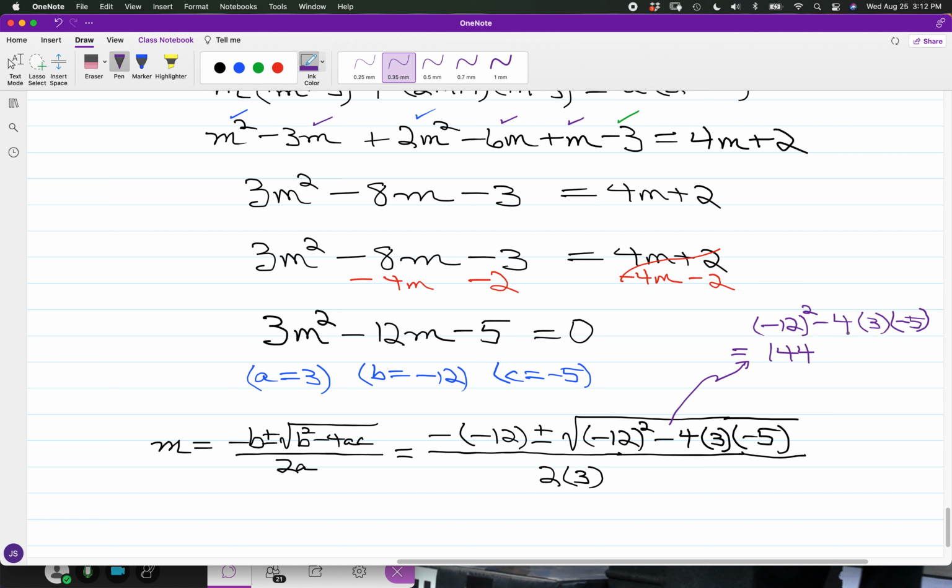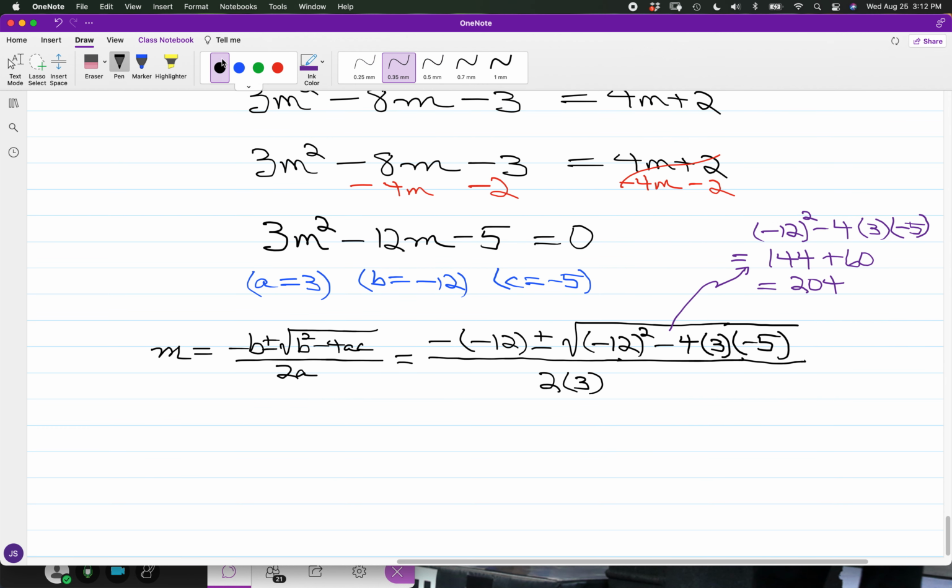Negative 12 times negative 5 is going to be a positive 60. 144 plus 60 will come out to 204. So right now, negative 12 is going to be a positive 12. We've got plus or minus the square root of 204, and we have over 6.